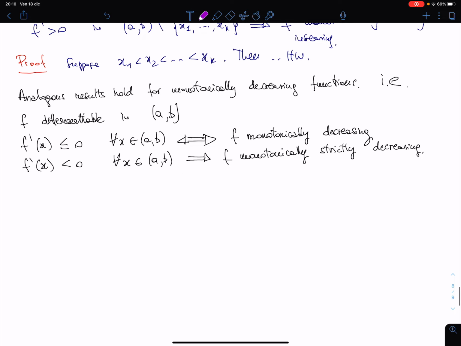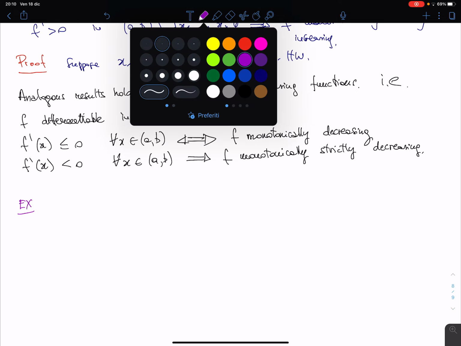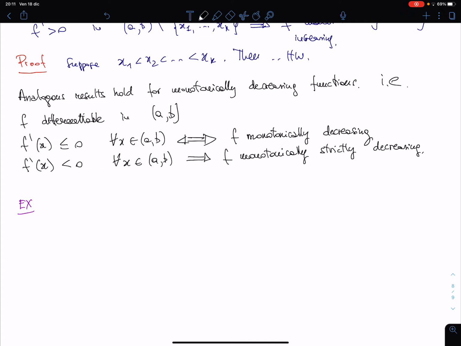So the function is x times e to the minus x. So, study the function in the sense, draw a qualitative graph of f.